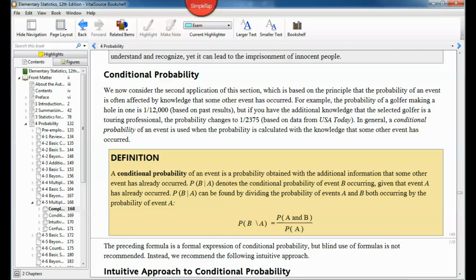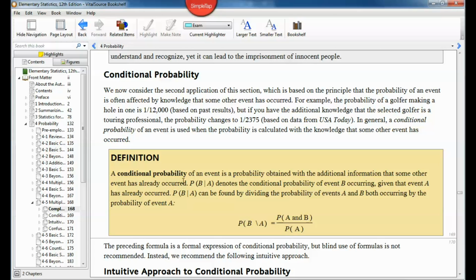This is one of those times when we have two ways of really looking at things. The conditional probability of an event is a probability obtained with additional information that some other event has already occurred. So if we have P of B, a vertical slash, and A, that denotes the conditional probability of event B occurring given that event A has already occurred.